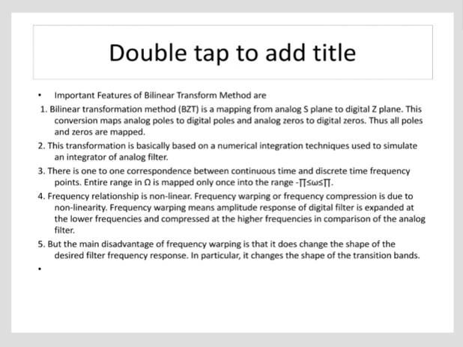Frequency warping means the amplitude response of the digital filter is expanded at the lower frequencies and compressed at the higher frequencies in comparison with the analog filter. But the main disadvantage of frequency warping is that it changes the shape of the desired filter frequency response. In particular, it changes the shape of the transition band.